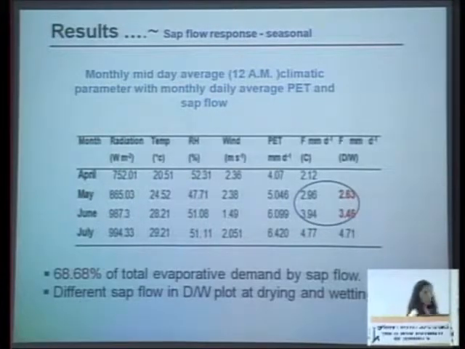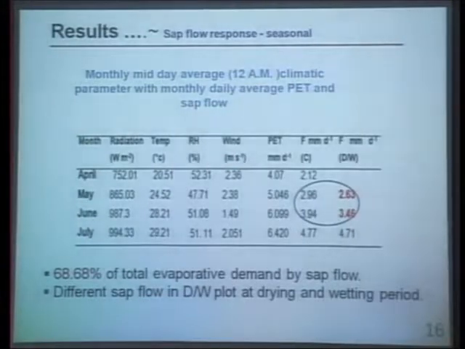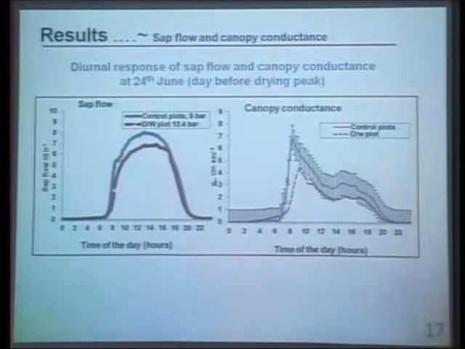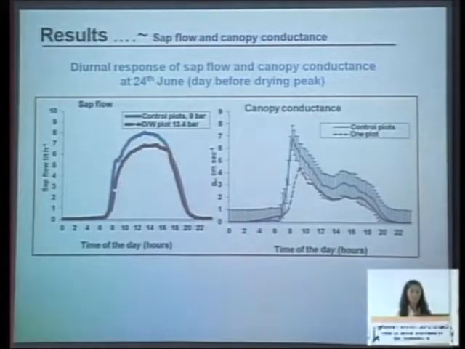From all this analysis, we found that 68.68% of the total evapotranspirative demand of the experimental plot was fulfilled by sap flow, and there was a difference in sap flow between the drying and wetting plots during the drying and wetting period. As I mentioned already, we found every difference because of the drying and wetting period.